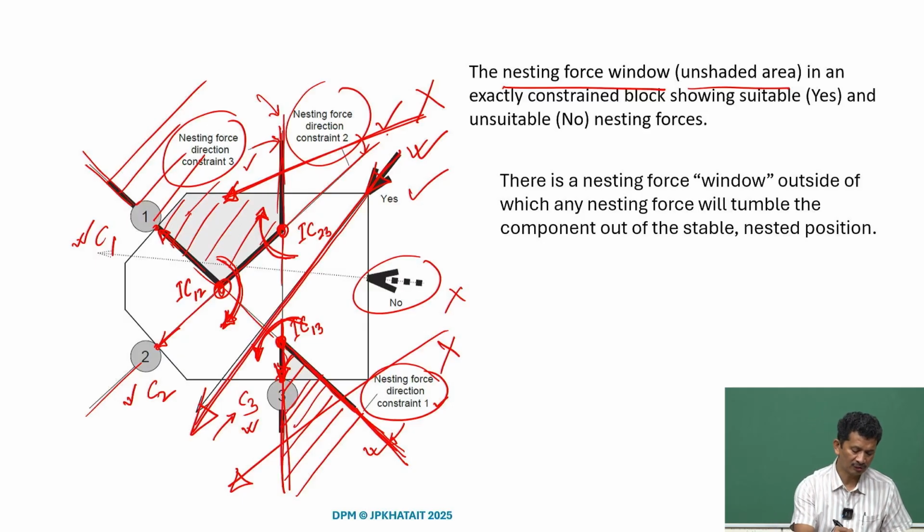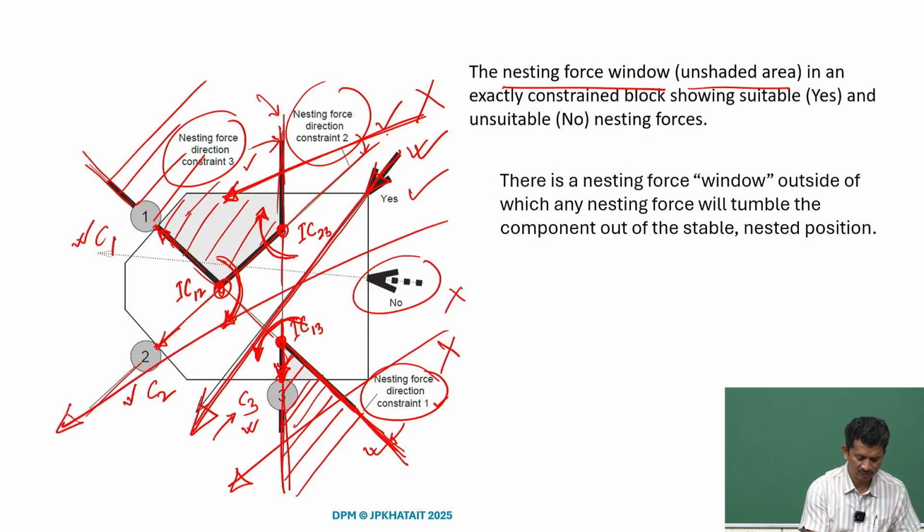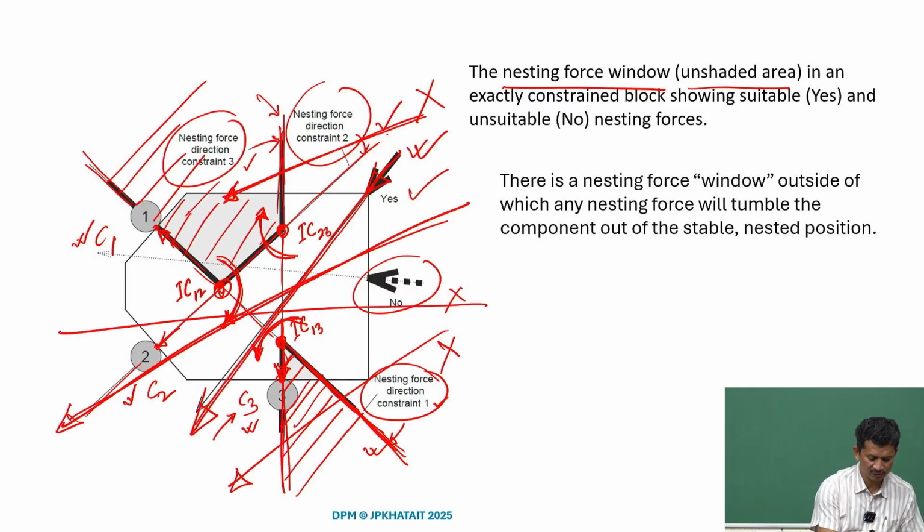It complies with all three requirements. So, it gives you all three moments at the same time. So, it is a valid solution. Even this force is also fine, this force is also fine. As long as it does not pass through the shaded area, it is a valid solution.